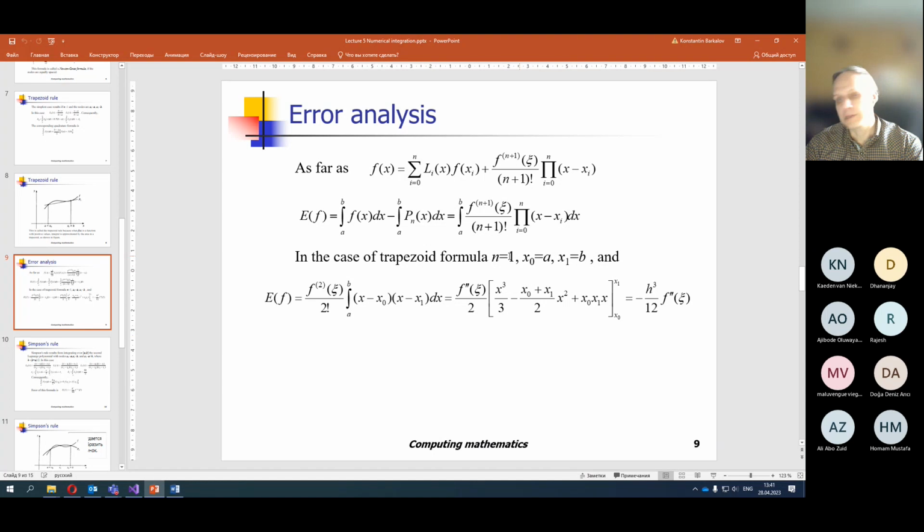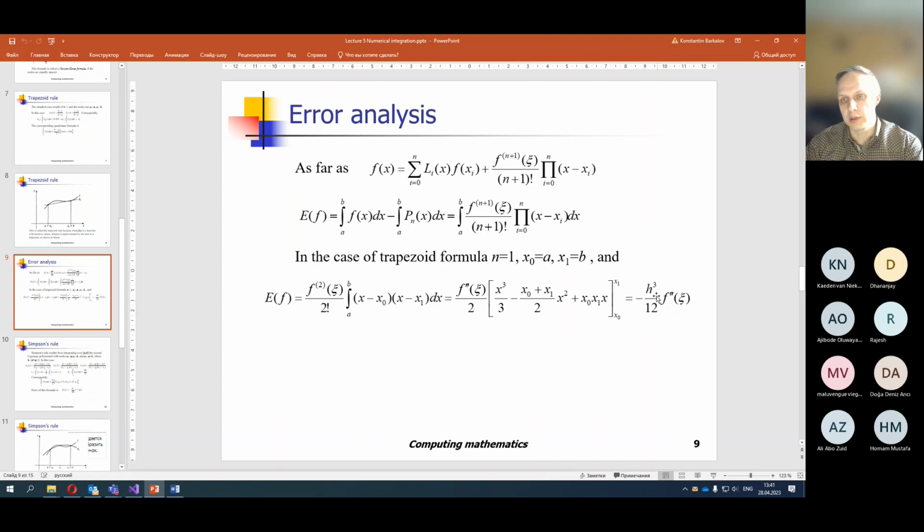In this case, the final result will be the value that includes two terms.